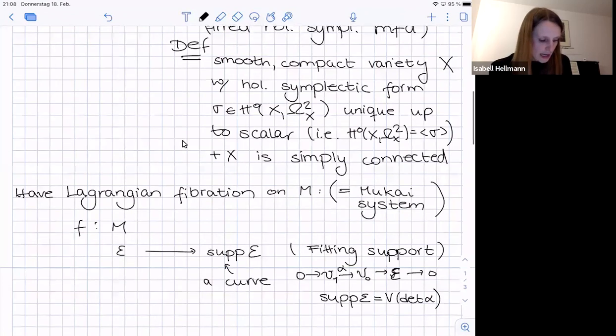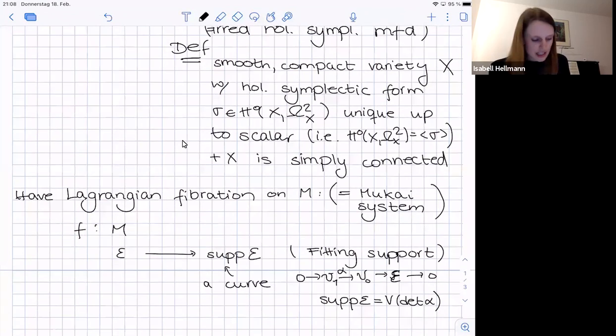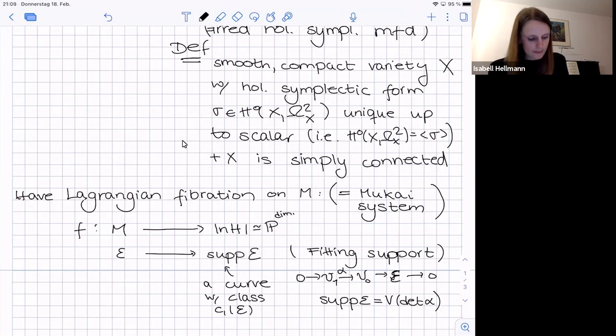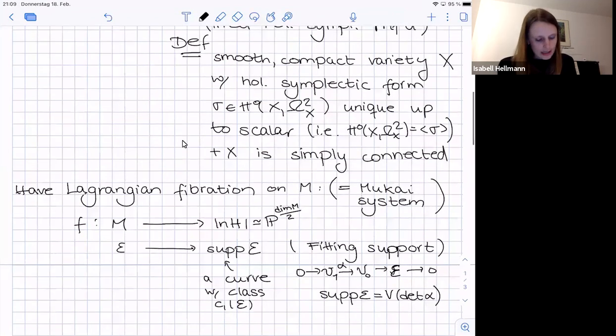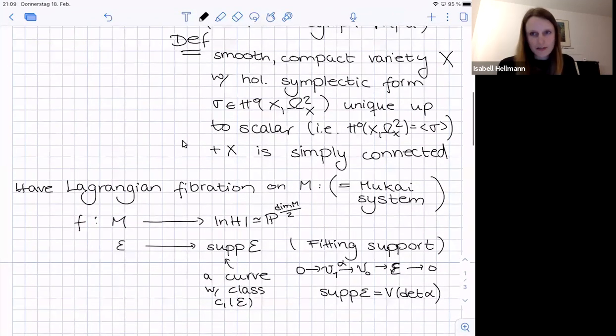As you see from the definition, you always get a curve with class c1 of E, and c1 of E I fixed to be linearly equivalent to n times h. So you get a map to this complete linear system, which is a projective space of half the dimension of M. I want to give you a feeling for the Fitting support.